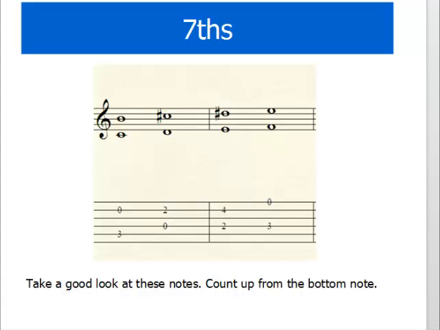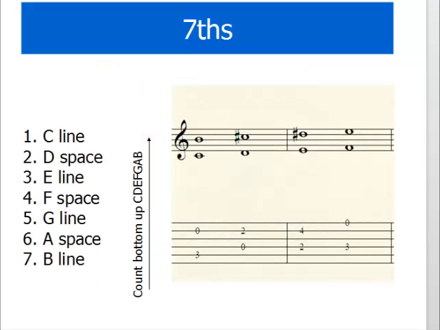Get used to it. C, B, D, C sharp, E, D sharp, F, E. Okay? Now, always count from the bottom up.